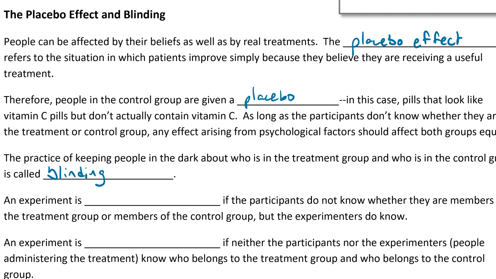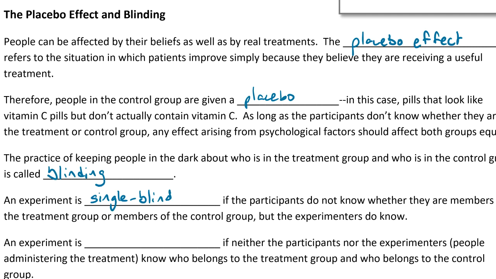So an experiment is single blind if the participants do not know whether they're members of the treatment group or members of the control group, but the experimenters do know. All right, so whoever's doing the study knows who's who, but the people in the experiment don't.